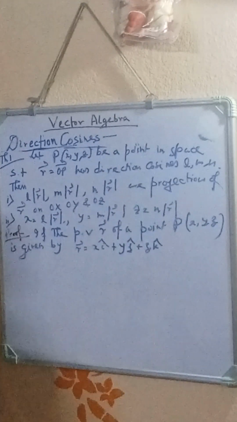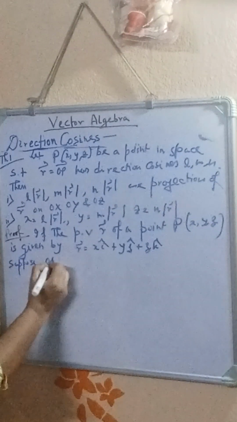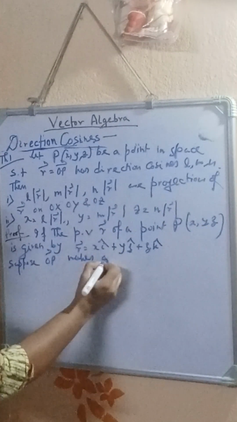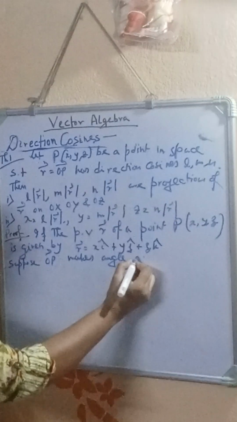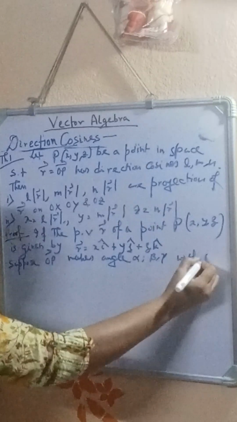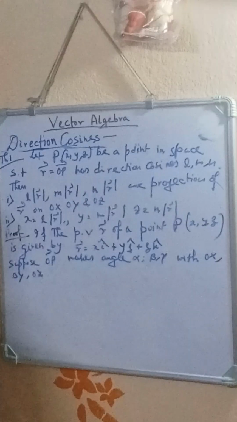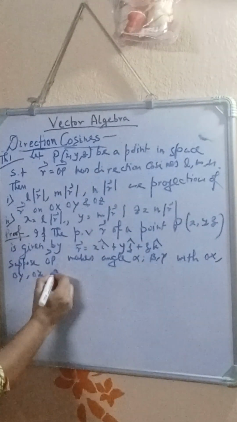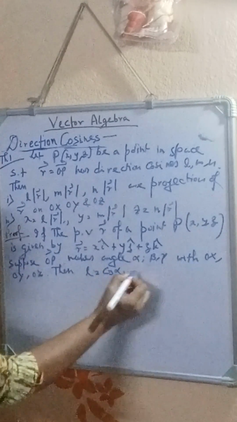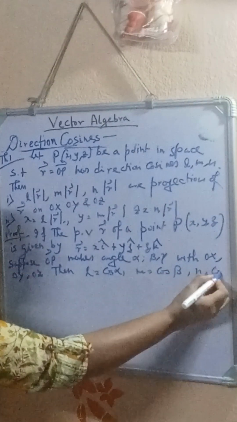Suppose OP makes angles alpha, beta, gamma with OX, OY, OZ. Then l equal to cos alpha, m equal to cos beta and n equal to cos gamma.